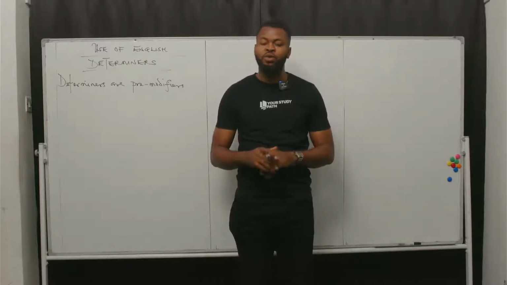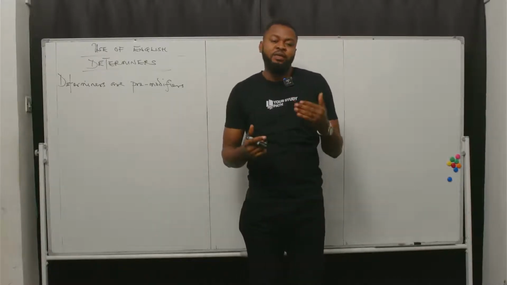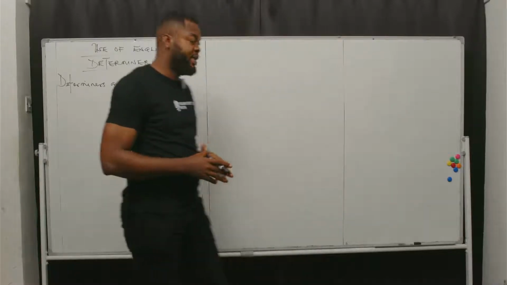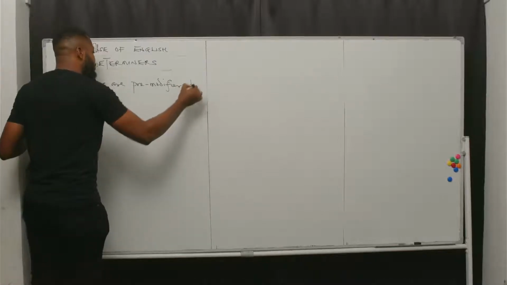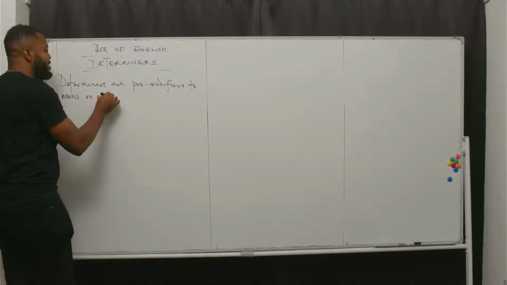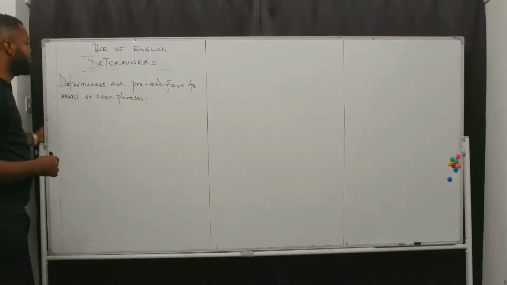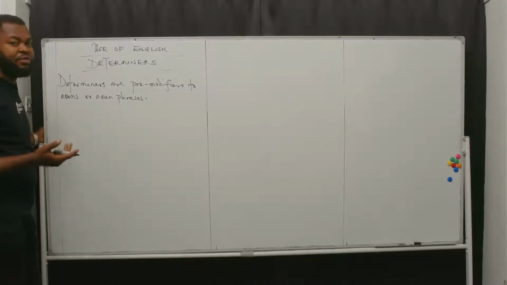Do you understand? So all the premodifiers or all the determiners tend to come before nouns or noun phrases. I hope this is clear to you. So determiners are premodifiers to nouns or noun phrases.